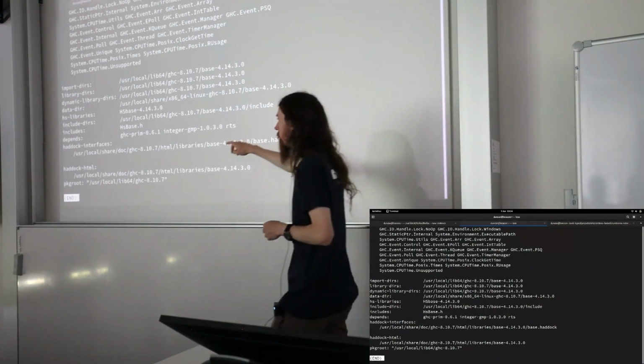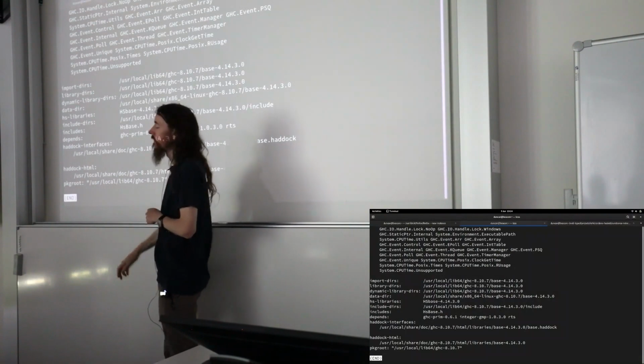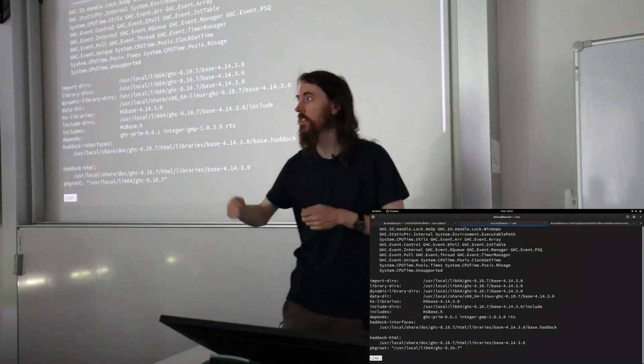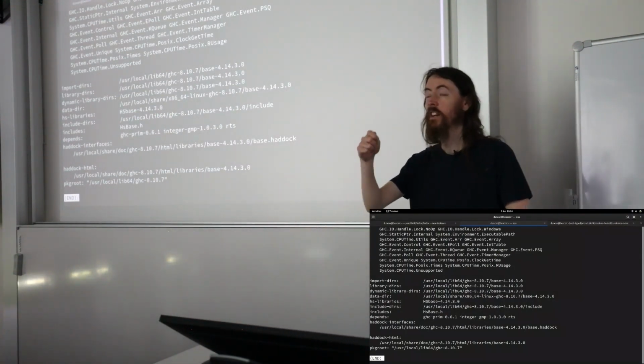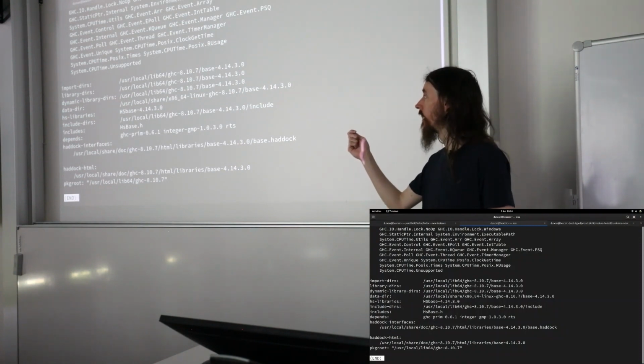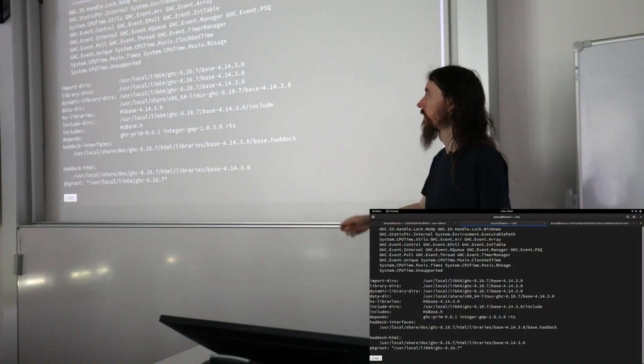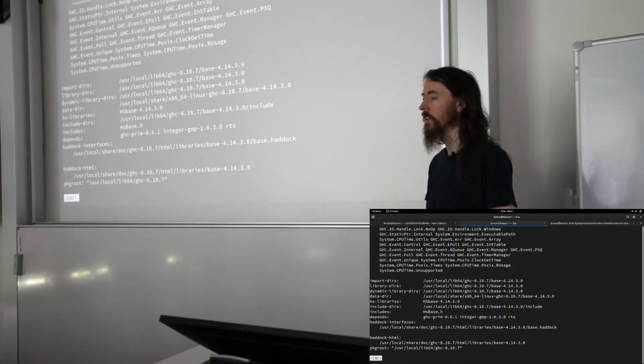That is the file name that GHC will link against, and so that gets turned into a linker flag, which will be like -lHSbase, and the linker will go and search for a .a or a .so file.